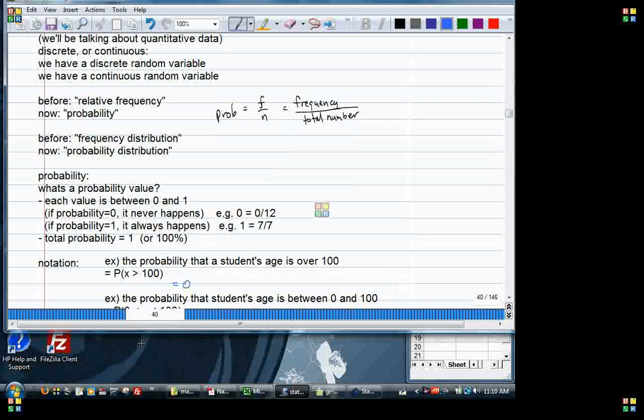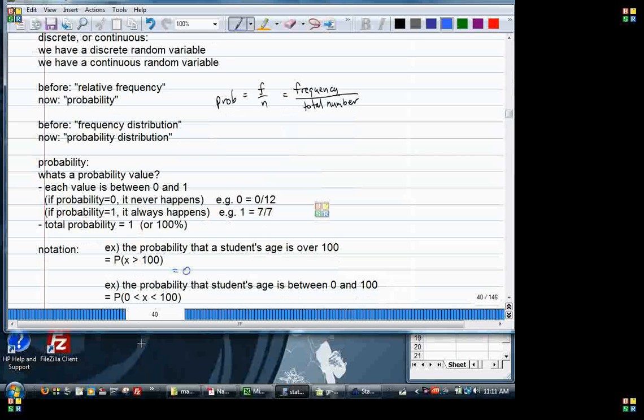So, how are we going to write this down? Well, there's a little trick to writing between statements, and they look like this. So, first of all, a nice little trick to help you with this is that for between statements, you literally write the x between the two numbers.